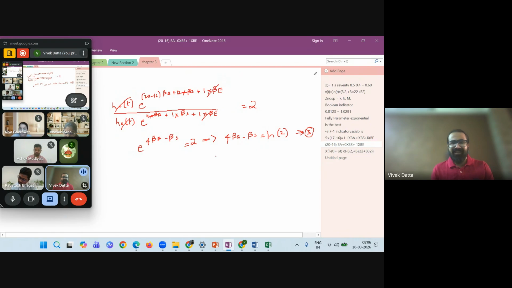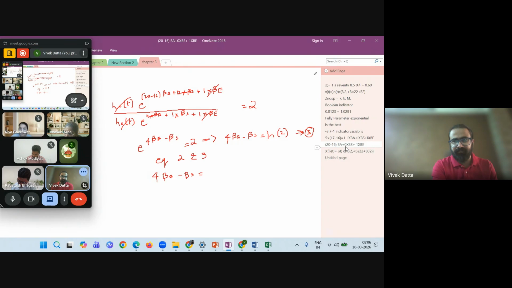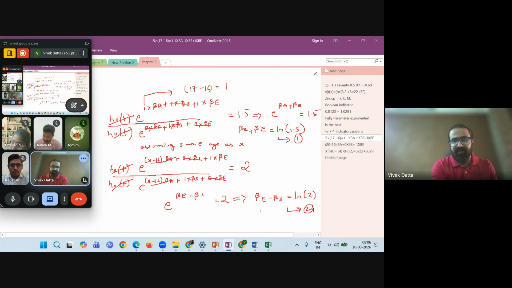Now I can say that I got ln of 2 in equations 2 and 3, so equating 2 and 3, I can write 4 beta a minus beta s is equal to beta e minus beta s.